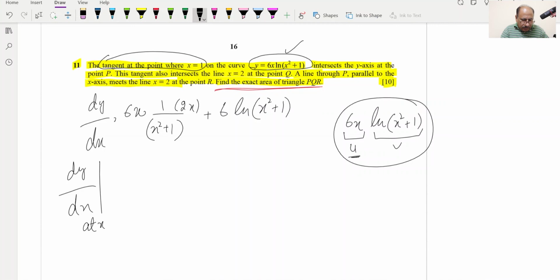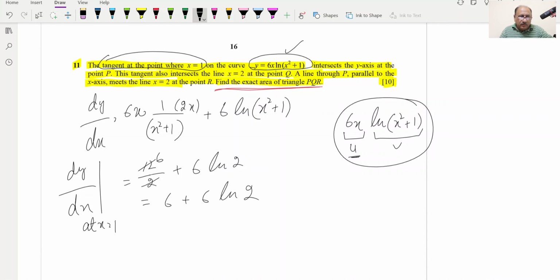And now what we can do, we can take dy over dx at x is equal to 1, and this will be equal to, we can replace values, so it will be 12, x is equal to 1, so 12 over 2, and plus 6 log of 2, and we can cancel this one, so it will be equal to 6 plus 6 log of 2.